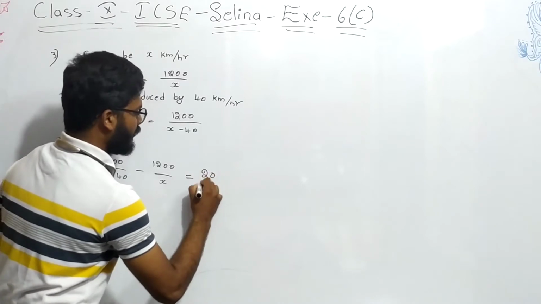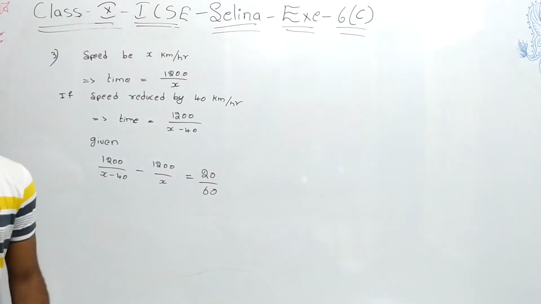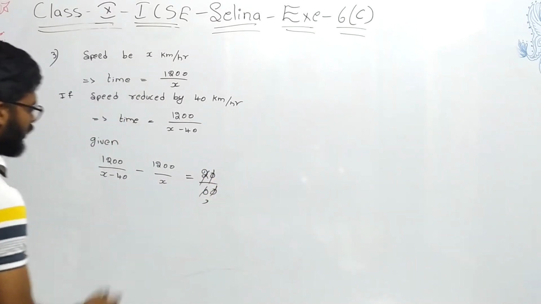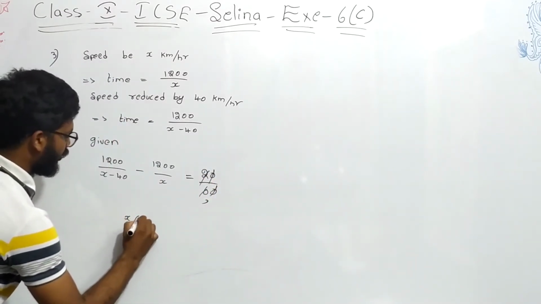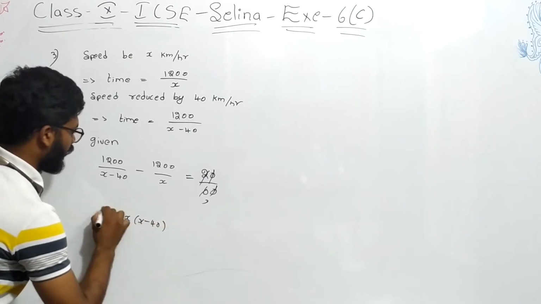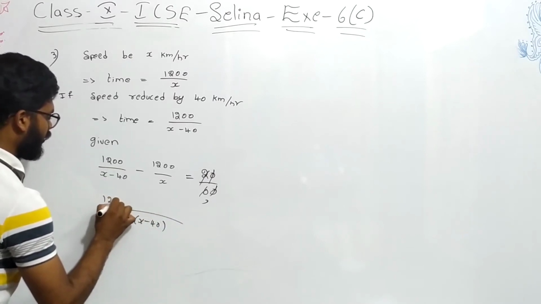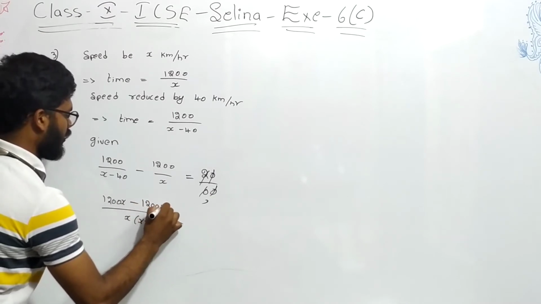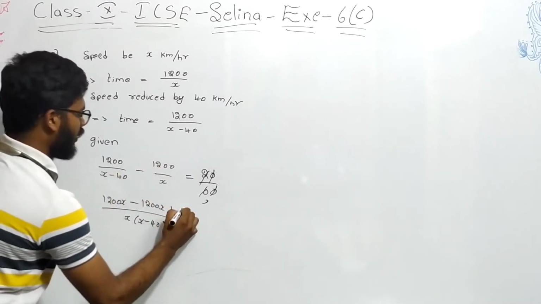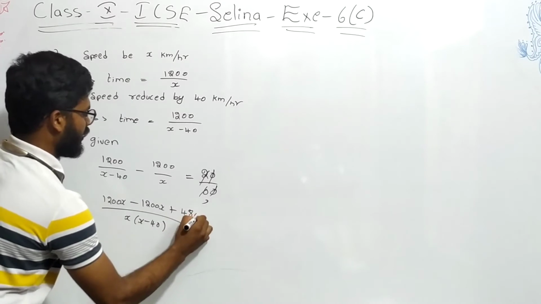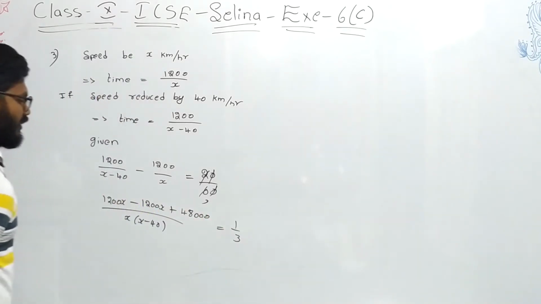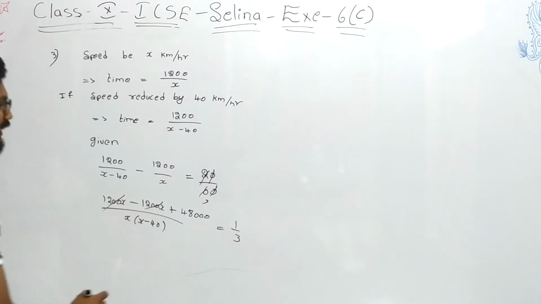So it is in minutes, so I have to write in hours. So 20 by 60, that is 1 by 3. So LCM is x into x minus 40, and 1200 into x minus 1200x plus 1200 into 40, that is 48,000. That is equal to 1 by 3. 1200x and 1200x get cancelled.